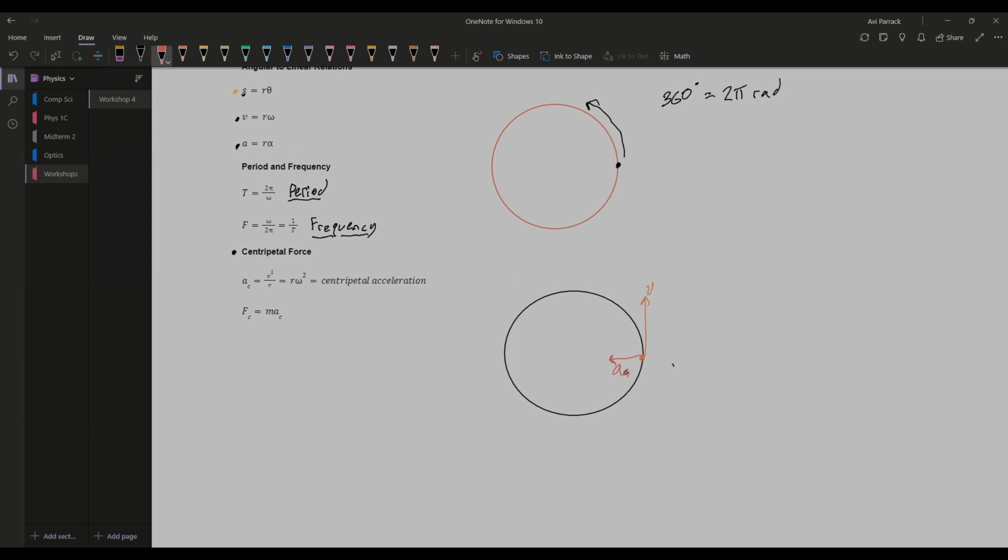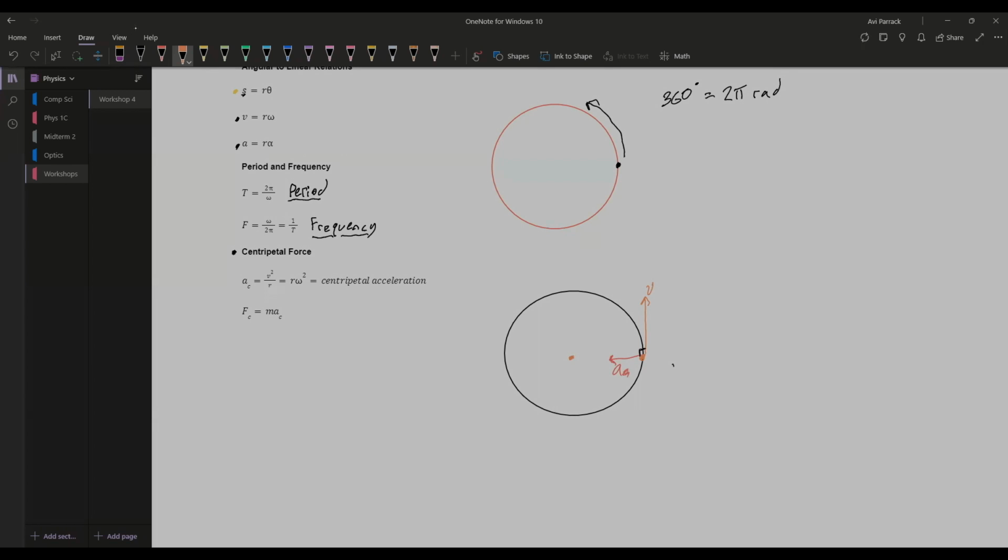And the effect on the velocity is not to slow it down or to speed it up. You can see these are perpendicular, right? It's not slowing us down or speeding us up, but it's changing our direction. And specifically, it's trying to move us towards the center of the circle.